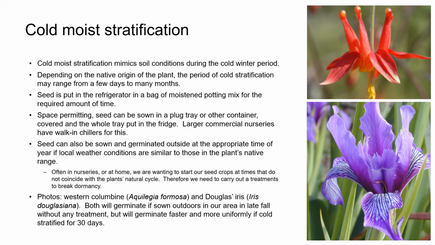But germination may be sporadic and slow. We can obtain a much higher germination percentage and faster germination rate by cold stratifying the seed first. Western columbine for just 7 days and Douglas iris for 30 days.